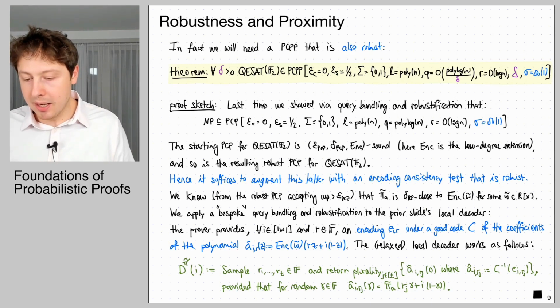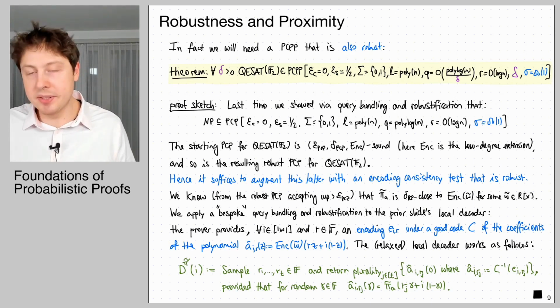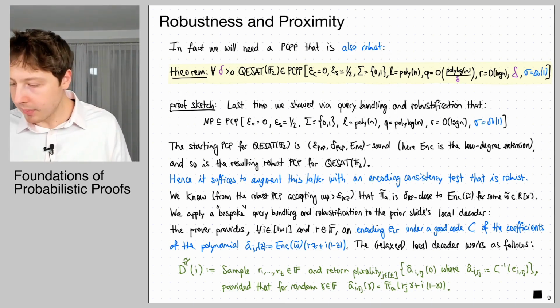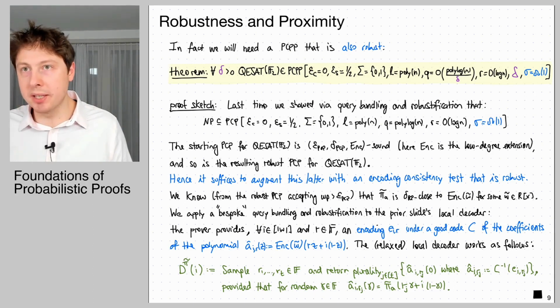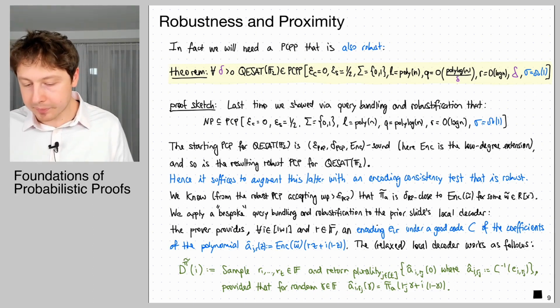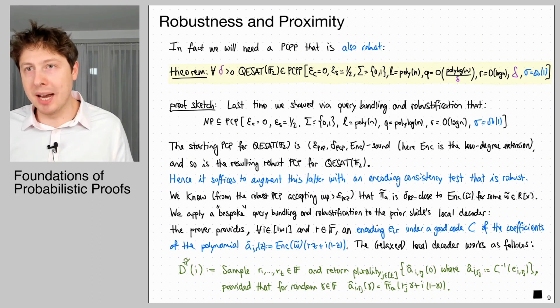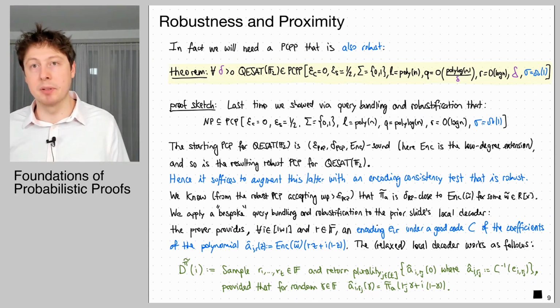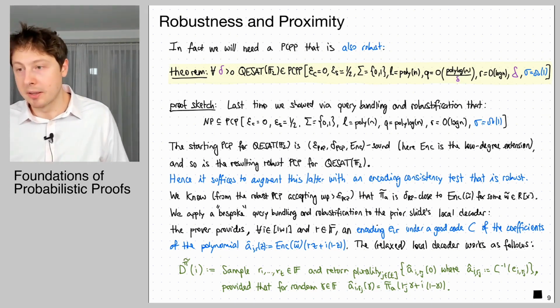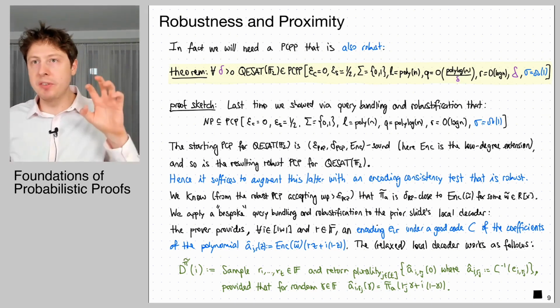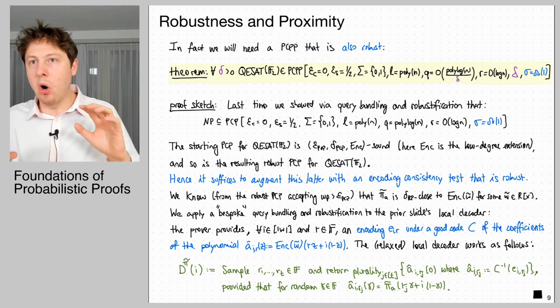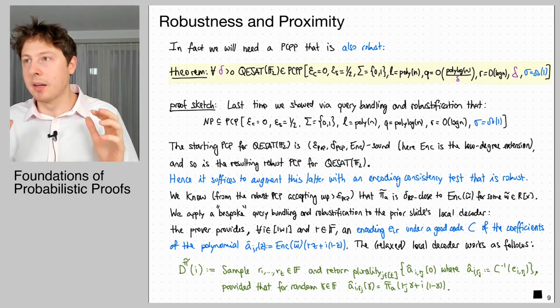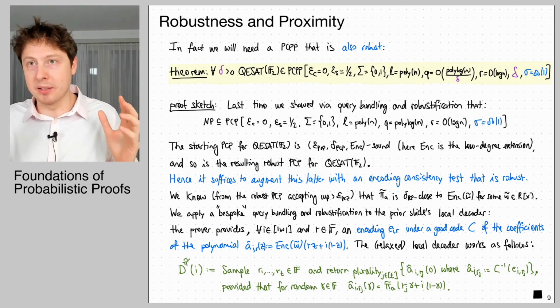It's going to give us the answer, which is I, right? And where do I get the bundle? I get it by decoding the codeword. But I also need to make sure the bundle has something to do with what I'm talking about, and so I test it at a random point like we did last time. Last time, remember, we were retrieving the queries from the bundle all at once, in a robust way.